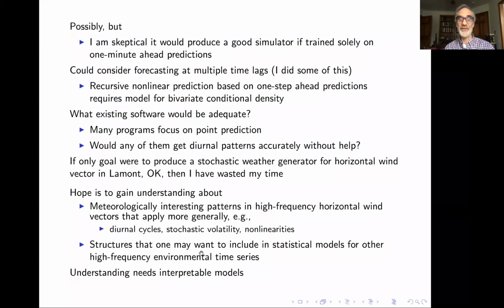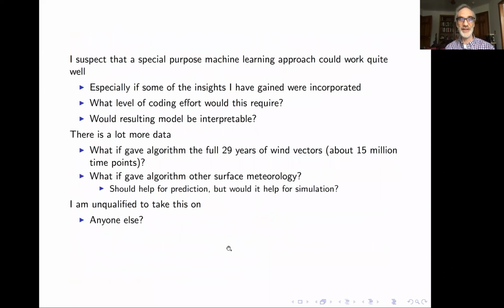I also think that high frequency models are interesting intrinsically, that they're coming up more and more in environmental time series, and that we want methods for dealing with those.